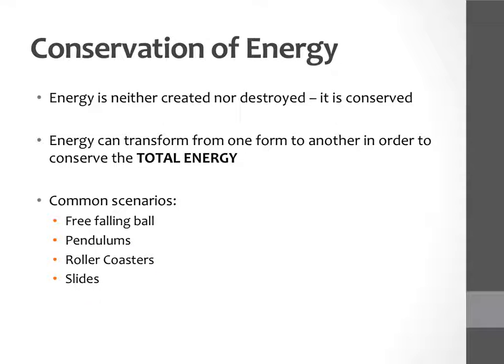A lot of the scenarios you'll see probably deal with free-falling objects, pendulums, roller coasters, or slides. The way we depict this is where the total energy, which we typically break down into kinetic and potential energy of an object, initial is equal to final.